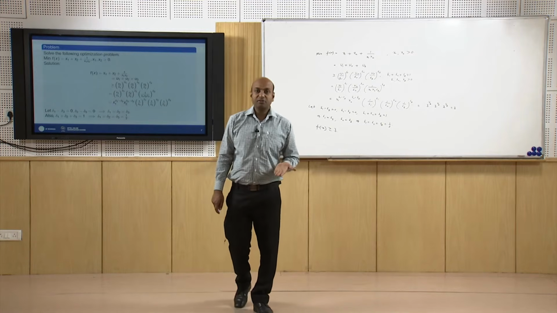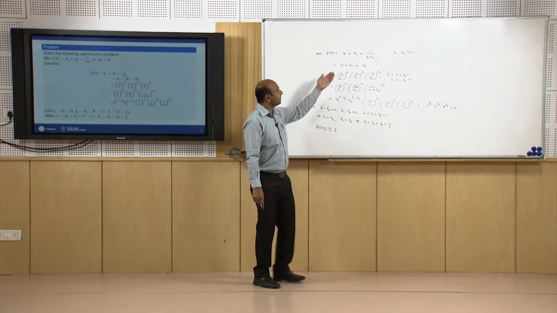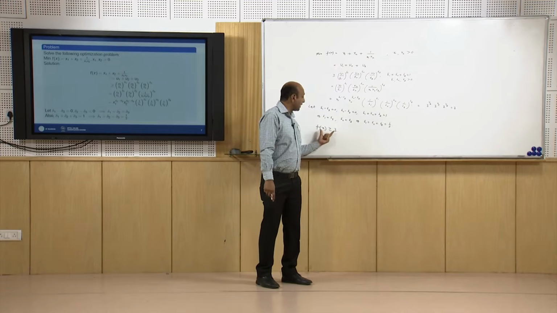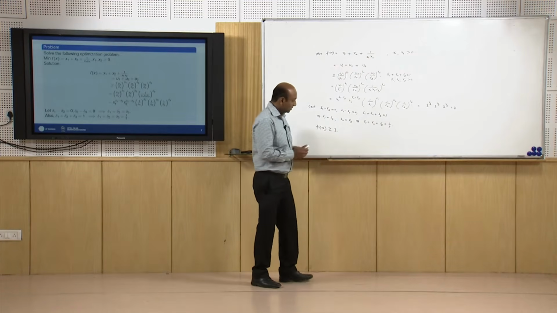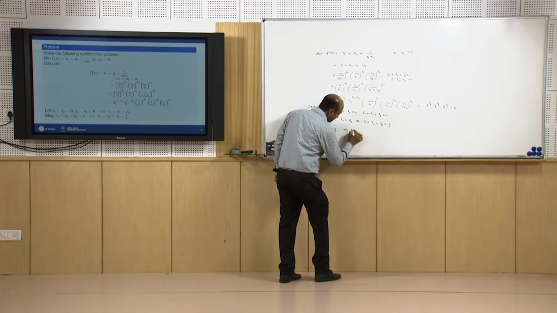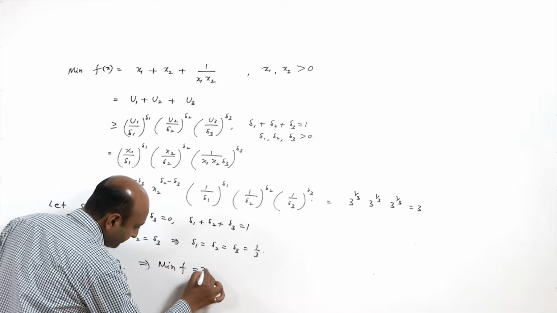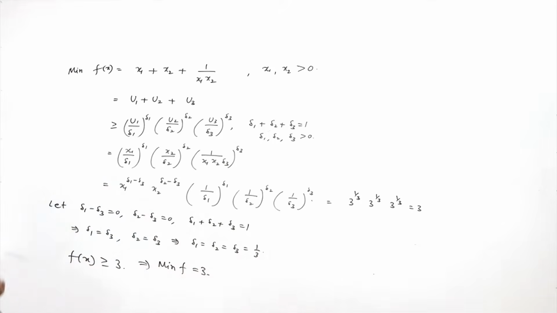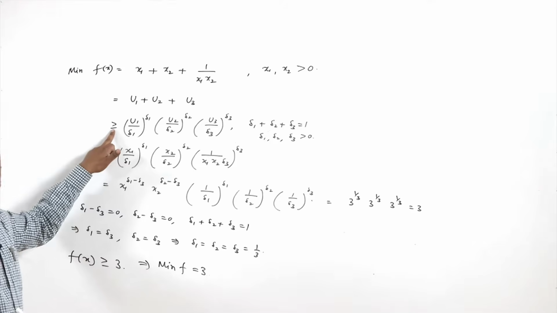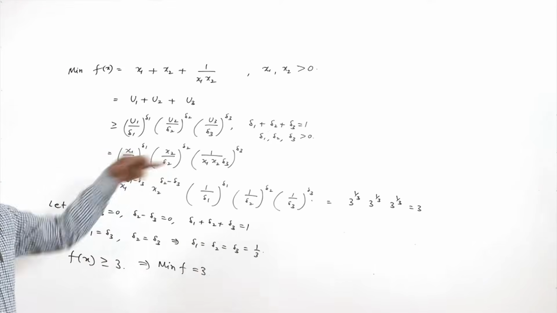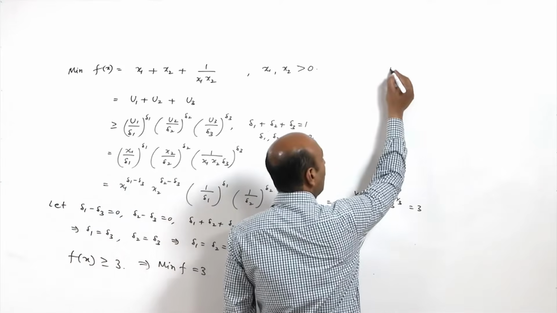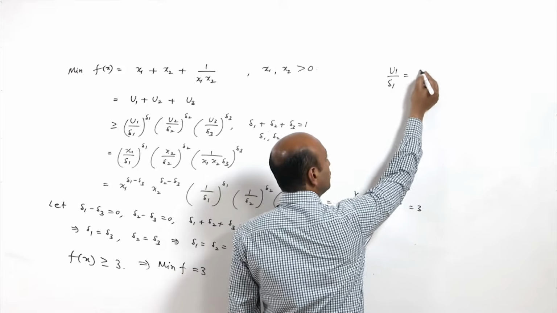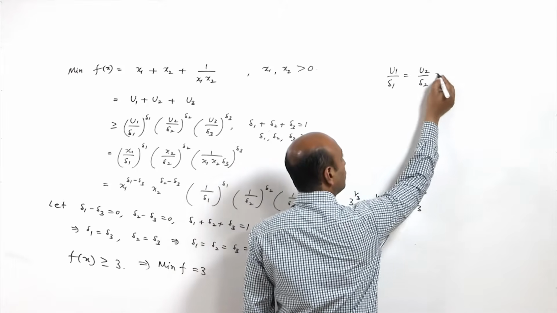Now, the question is at which point? What is the optimal solution? What are the optimal values of x1 and x2 at which the value of f(x) is 3? From here you can simply say that the minimum of f is 3. Now, the question is how we can find out the values of x1 and x2 such that the minimum value of f is 3. For that, we already know this equality will hold when all are equal, that is, u1 upon delta 1 is equal to u2 upon delta 2 is equal to u3 upon delta 3.